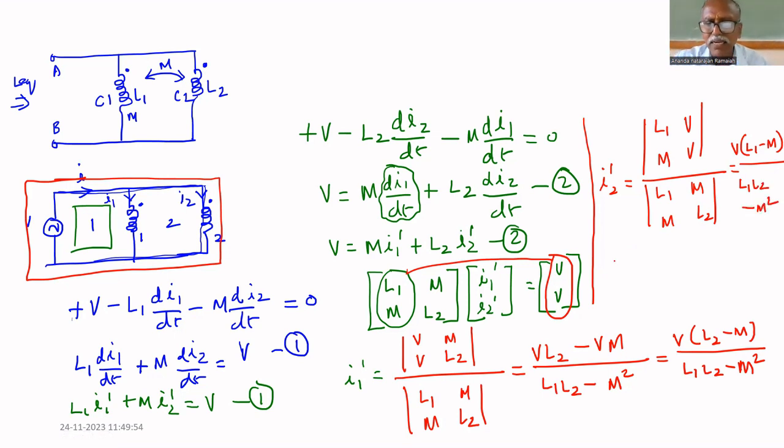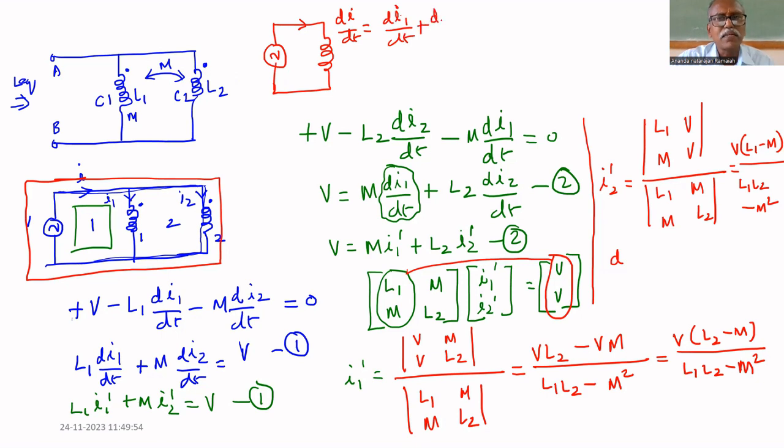Total change in current: I found another circuit, an equivalent circuit that has only one coil. The current through this is di by dt, which is equal to di1 by dt plus di2 by dt.